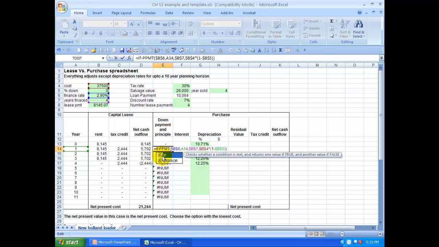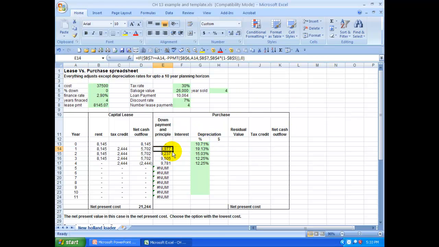So IF, opening parentheses, and this is our test if it's true. What we want is if B7, the years financed, and that's an F4, is greater than or equal to the year that it is, A14, comma, then it's going to include the principal value of the payment, comma, and if it's not true, then we want to put in a 0 and then close our parentheses.